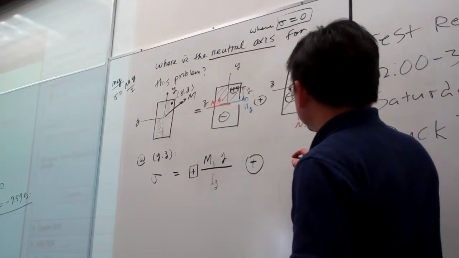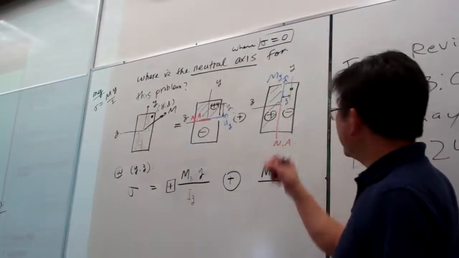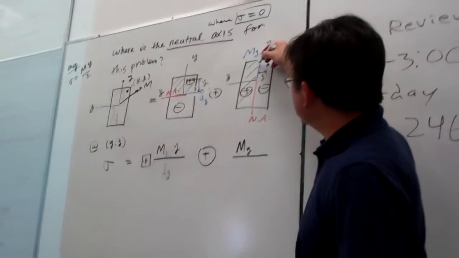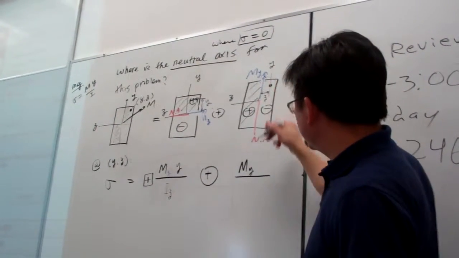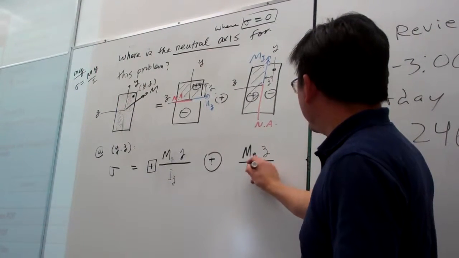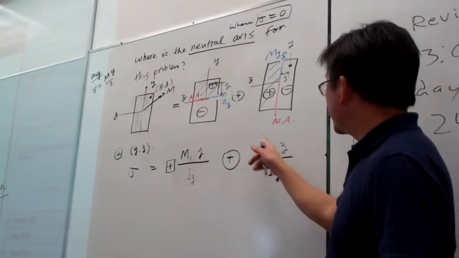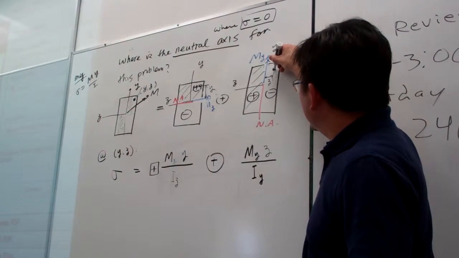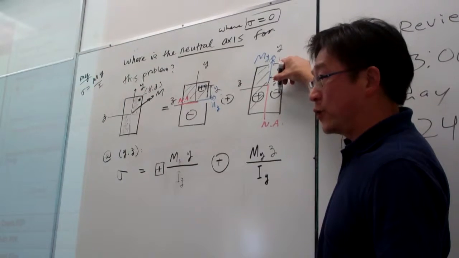Now to this point. The magnitude of M is My, and this is the distance from the point to the neutral axis, which is given by z, and divided by I with respect to the neutral axis, which is Iy. Okay, now this is a magnitude. This magnitude at this point is in the compression range.